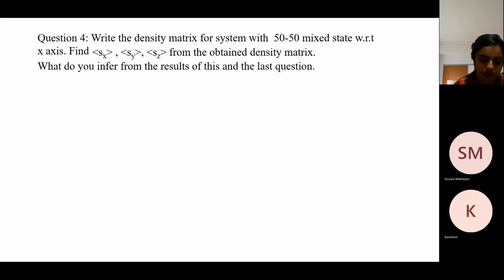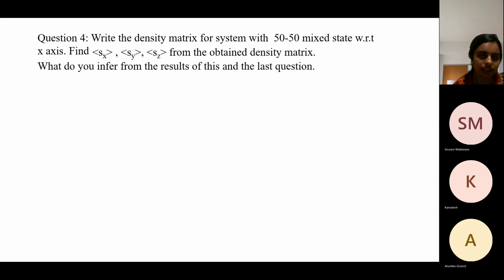So you can write the two basis vectors symbolically as up with respect to x and down with respect to x. And then it said it has 50-50 probability of being in up x or down x. So how do you write the density matrix in that basis?